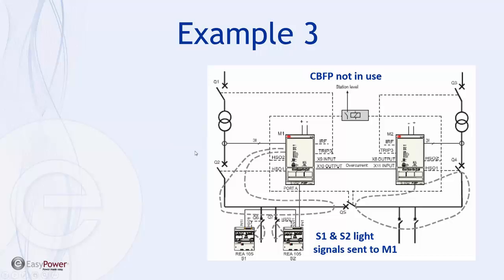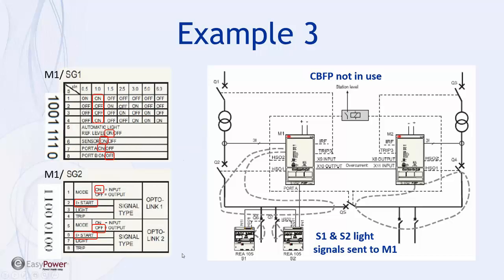So let's take a look at what the switch settings would be like. For the main, you're using port A but not port B. Everything is like we discussed before. Here you are using the Optolink, and what you're doing is you're on Optolink 1, you're receiving the pickup value.